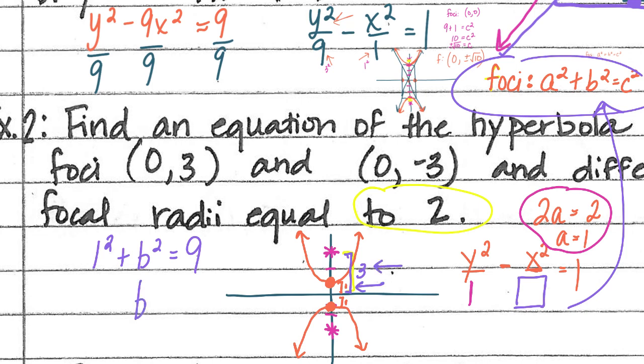So I know that b squared is equal to 8, because 1 squared is 1. So my equation I just did is right here. y squared over 1 minus x squared over 8 is equal to 1. So that would be the whole equation: y squared over 1 minus x squared over 8 is equal to 1.